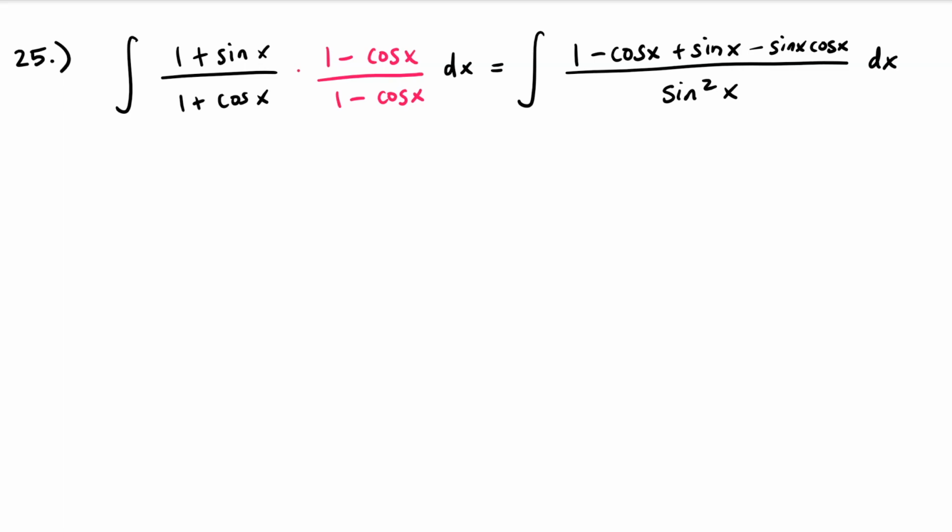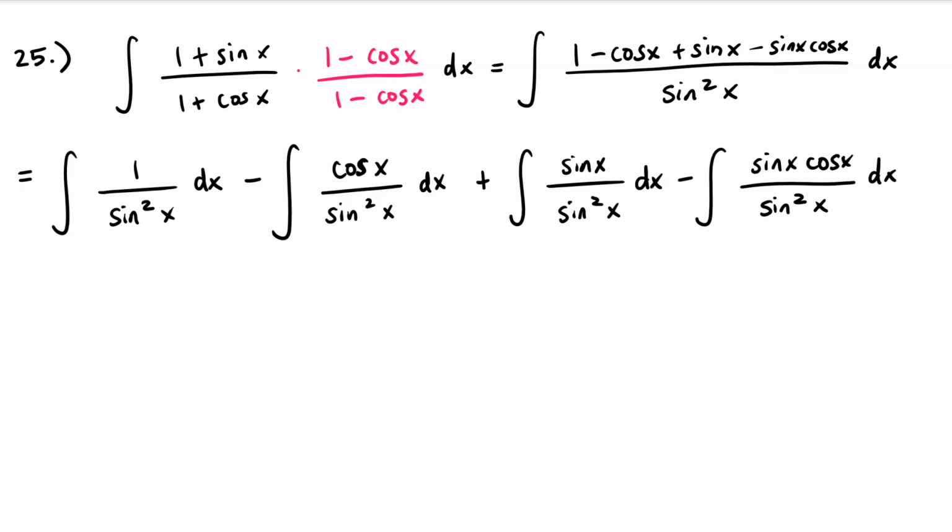So I can break this up into different fractions. I'm going to do that really quickly. So I've gone ahead and separated this into 4 different integrals. And some of these we can rewrite so that they will be easier to integrate. The first one, 1 over sine squared x, is equivalent to cosecant squared x.